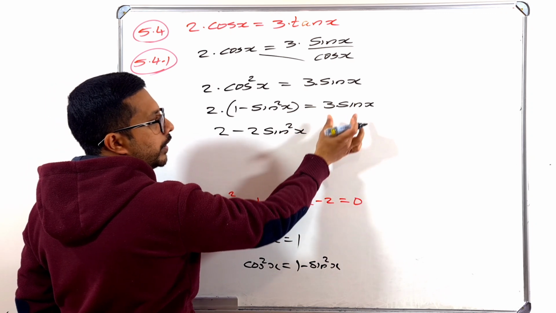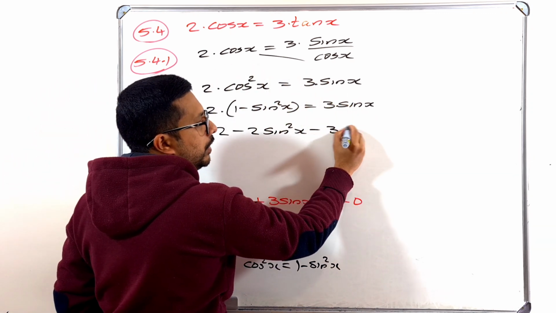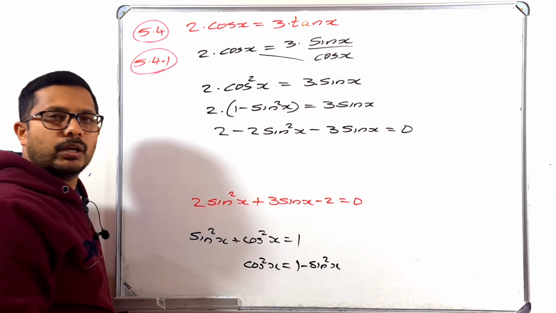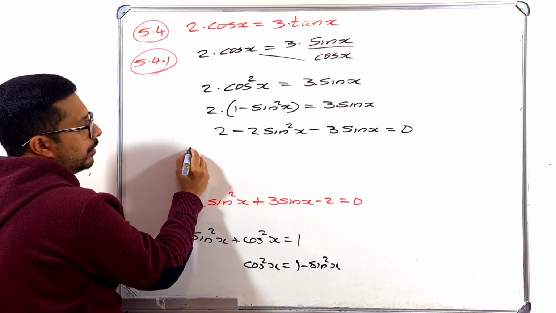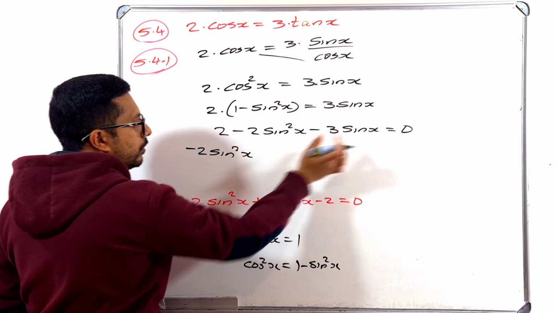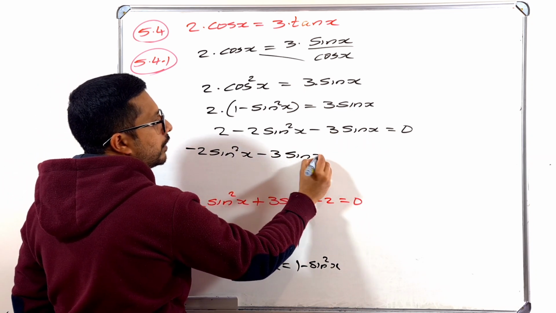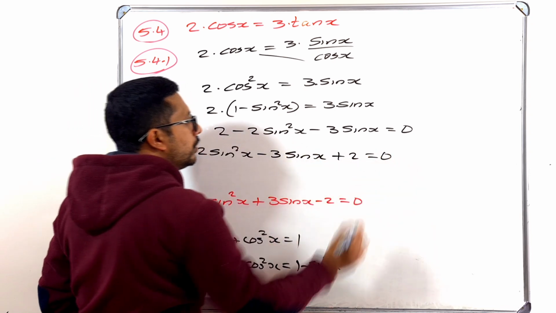Yeah, we are almost there. Take this one to the left side, so it is minus 3 sine x is equal to 0. Now just write it in order. So this one is minus 2 sine square x, then minus 3 sin x, then this constant term plus 2 is equal to 0.